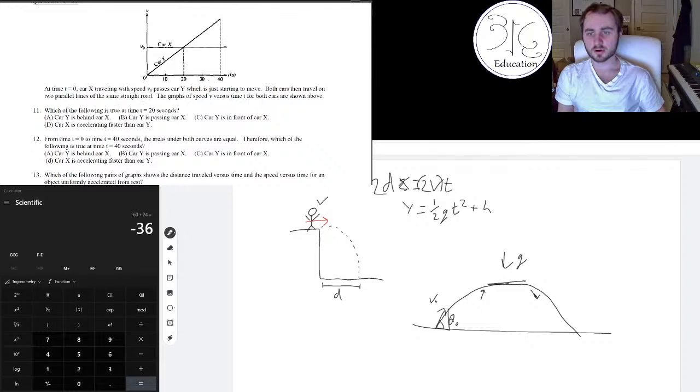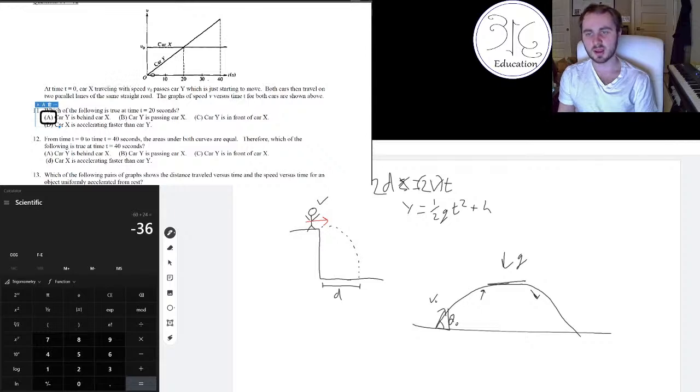I thought car Y is accelerating faster than car X because this has a steeper slope. But that's not what D is saying. D is saying car X is accelerating faster than car Y, and that's not going to be our case here. We're expecting car Y to be accelerating faster than car X, so D is also not true. So we do still expect car Y to be behind car X.